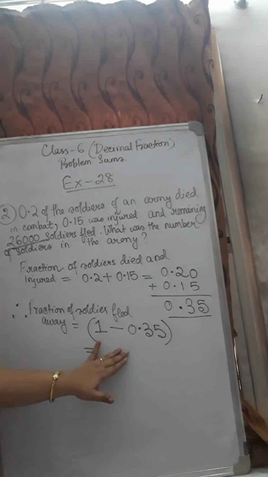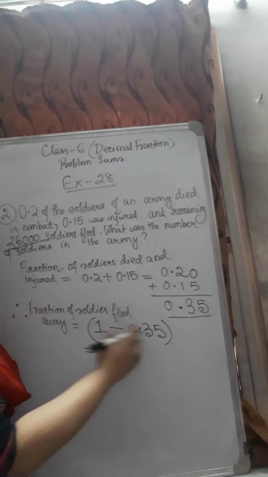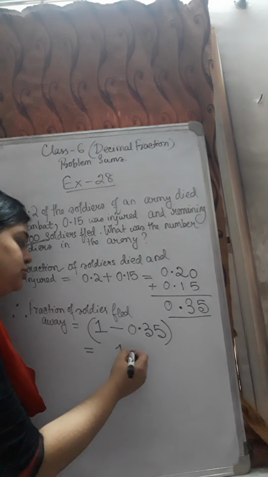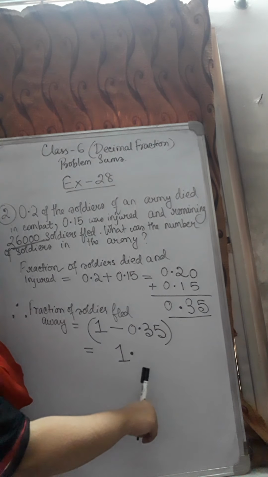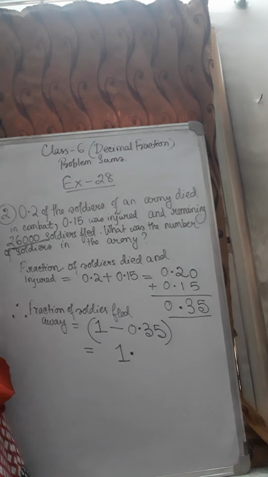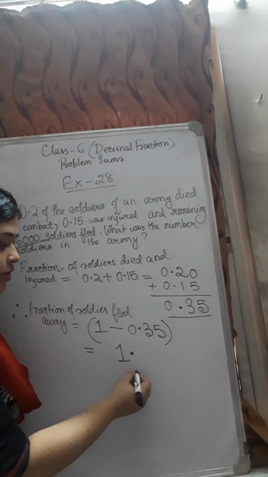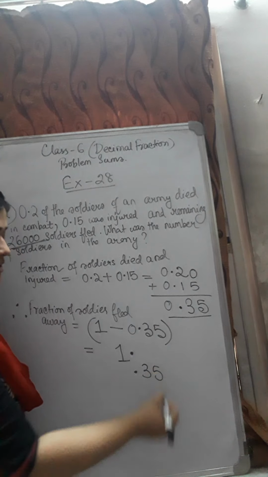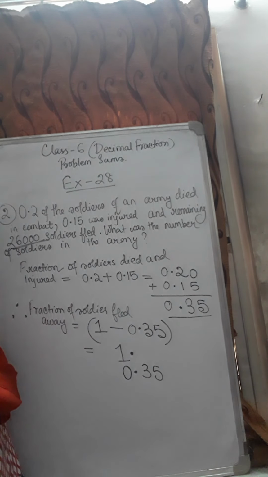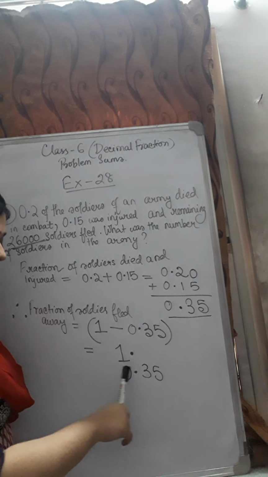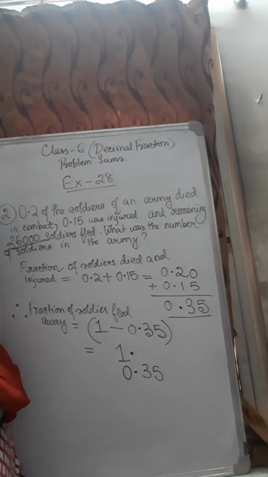Now how will I do this subtraction? 1 is the whole number. It has no decimal parts. So you will forcibly make a point and you have to create the decimal places. What has to be subtracted? 0.35. So it has the whole number part 0. Before the point, whatever number we write on one side, after the point we write on that side.